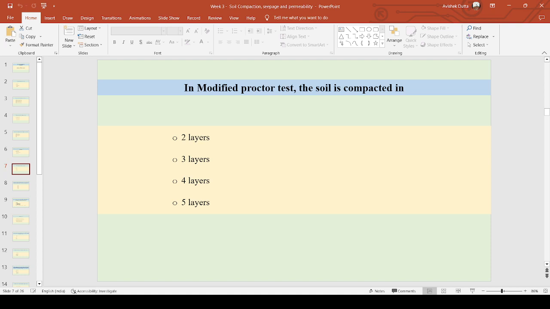I repeat: in modified Proctor test, the soil is compacted in, the options are 2 layers, 3 layers, 4 layers, or 5 layers. Next question.